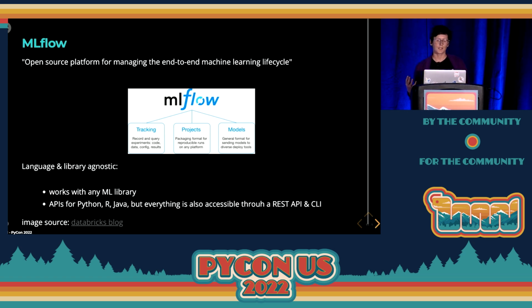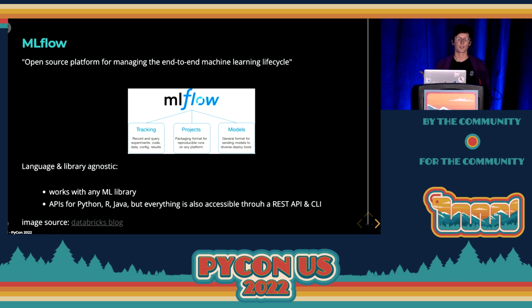There's the projects piece, which is a special way to format your code that makes it easy to reproduce runs. And there's a models piece. That's a special MLflow way to save your model that makes it easy to deploy in different deployment situations. There's also a fourth piece that's kind of newer. That's the model registry that lets you manage the model lifecycle.